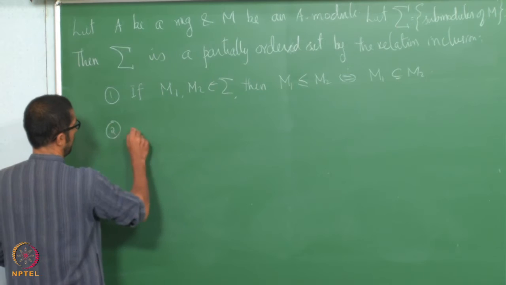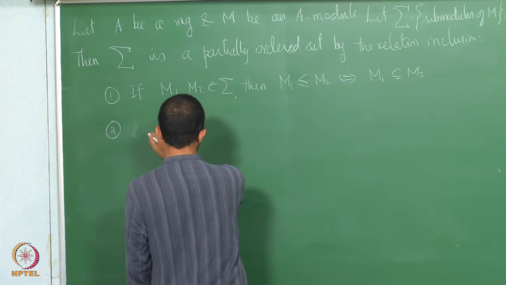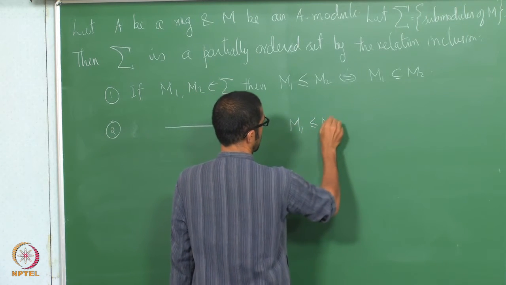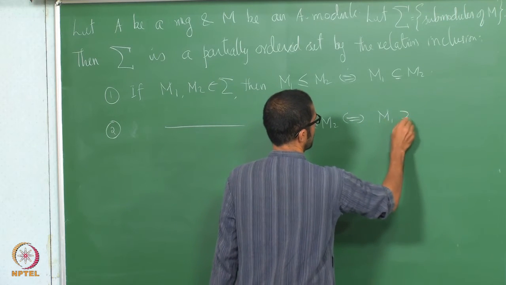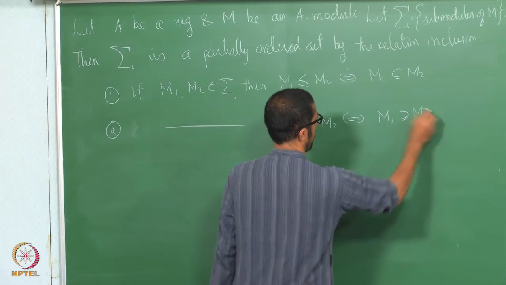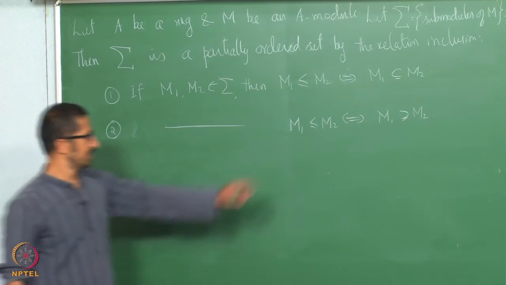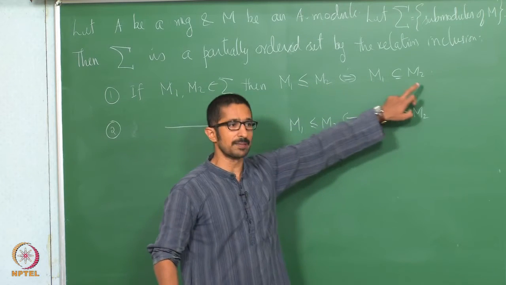Another way is M1 is less than or equal to M2 if and only if M1 contains M2. That is, M1 is less than or equal to M2 if M1 is a subset of M2.